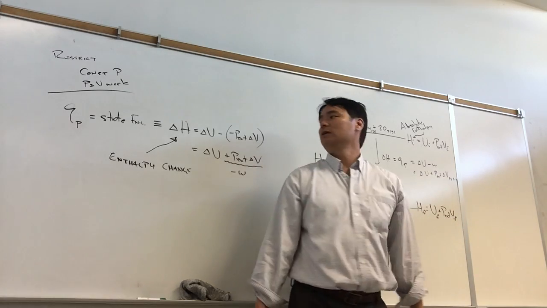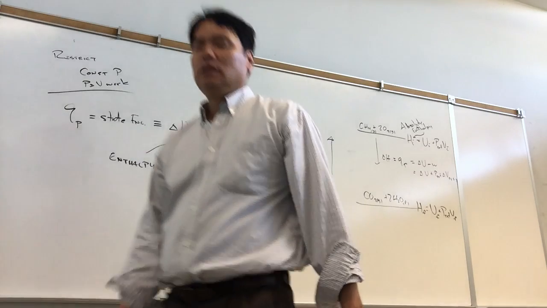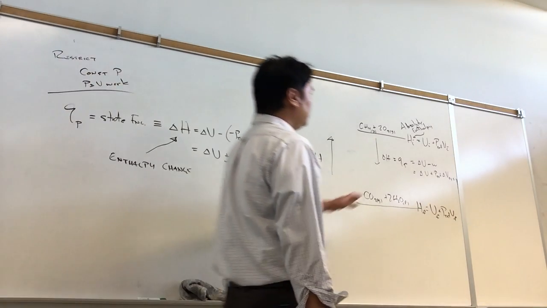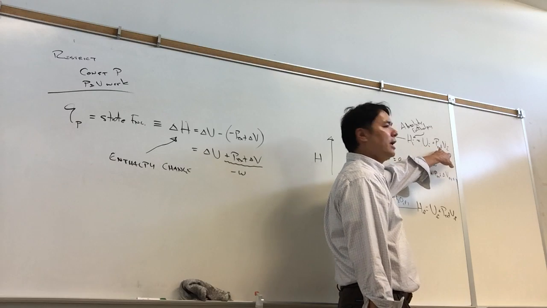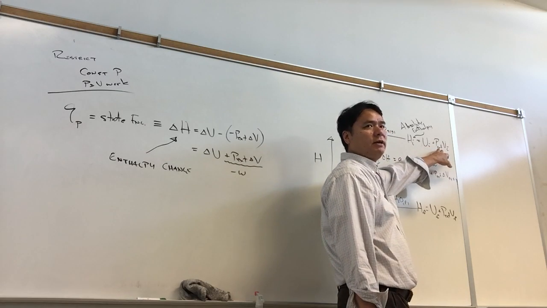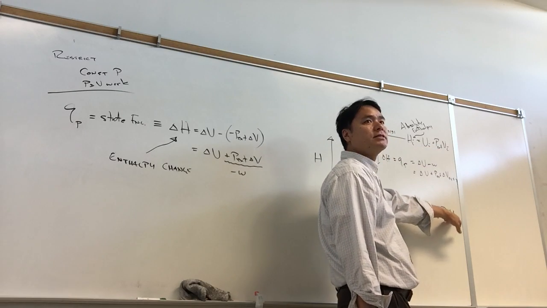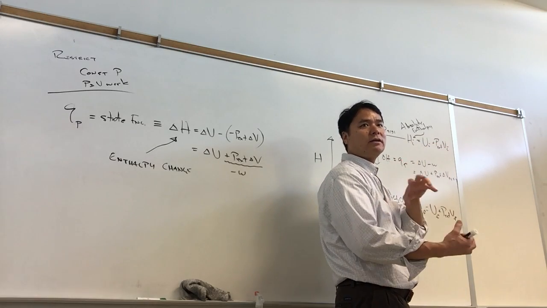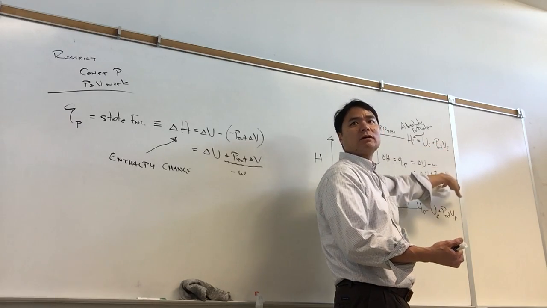If we look at internal energy alone, we don't factor in the PV. The PV is energy as well, right? Pressure, volume, liters, atmosphere. But by factoring this in, we know the energy state from the initial PV and the final PV. We can see how the system is going to interact with the surroundings in terms of P delta V work.